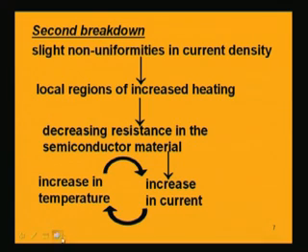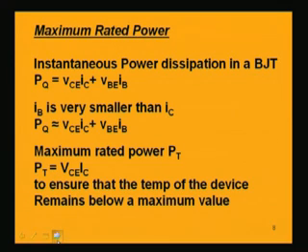Now, if we consider the maximum rated power, then we have to find out the instantaneous power dissipation in a BJT. Where the power is dissipated, that we will have to see. One is in the collector, that is VCE into IC, the power wasted in the transistor's collector.